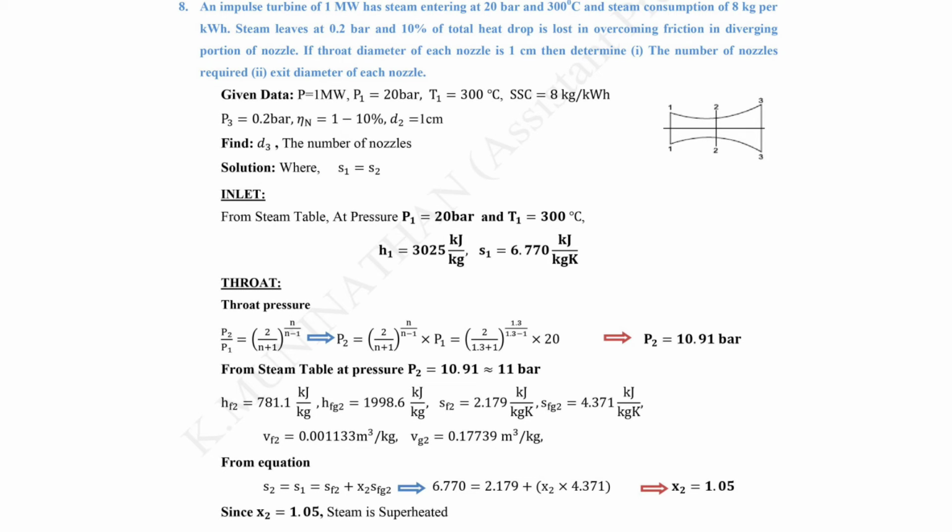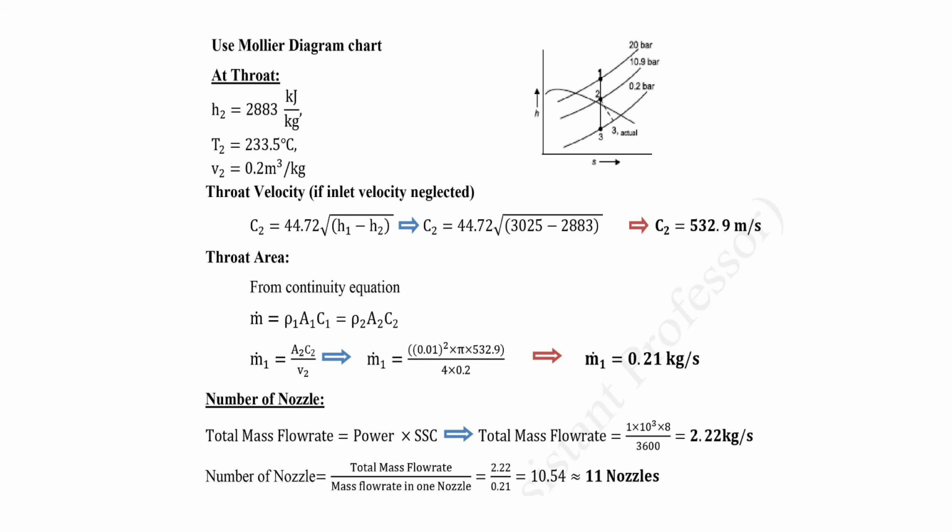and from the problem we can calculate the throat pressure. After that we can calculate the entropy value at exit. According to isentropic flow, S2 is equal to S1. From that we can calculate the dryness fraction at exit, X2, and then use the Mollier diagram chart.